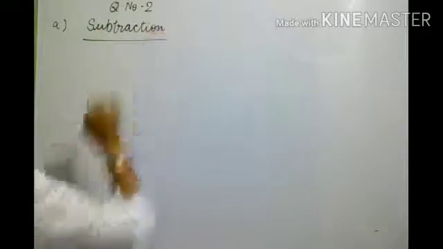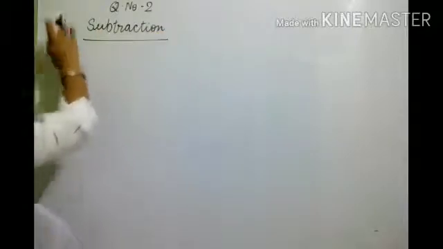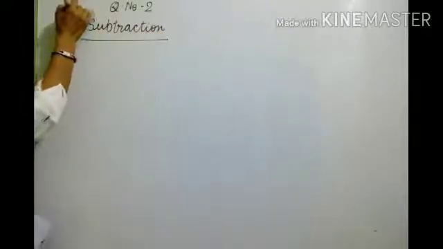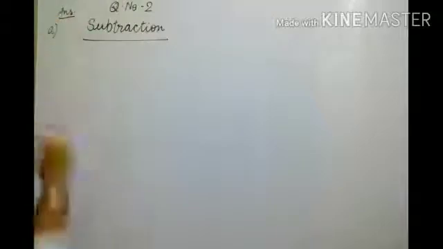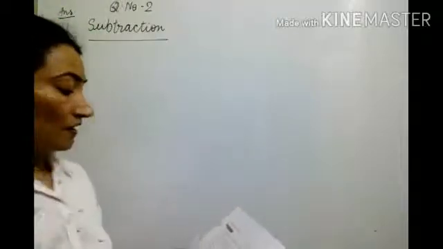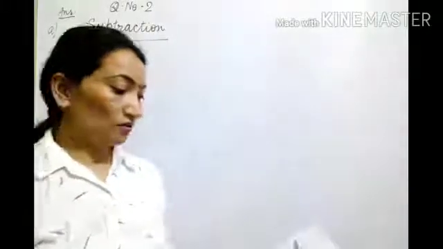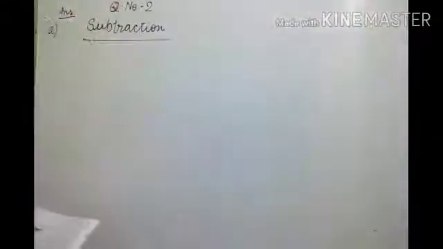You will see, I am writing only answers. You will see the questions from your book, as everybody has the book. It will take a long time, that's why I am telling only answers. I will read the questions.